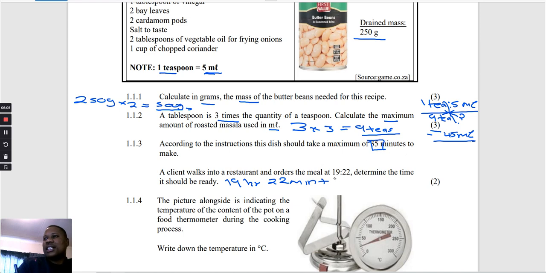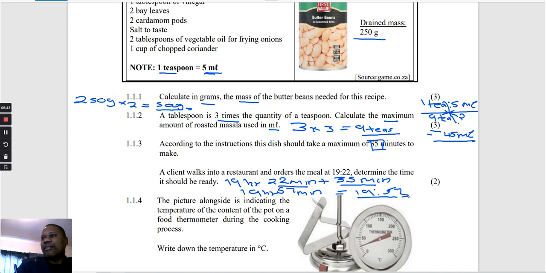So we can't add 35 to the hour, so we have to add 35 minutes to the minutes. So let's add that. If they are not above 60, you write the answer the way it is. So if we say 2 plus 5, that is 7, and then 3 plus 2, that is 5. So it gives us 57 minutes. So the 19 will still remain the same. So it means the time that it will be ready will be 19:57.